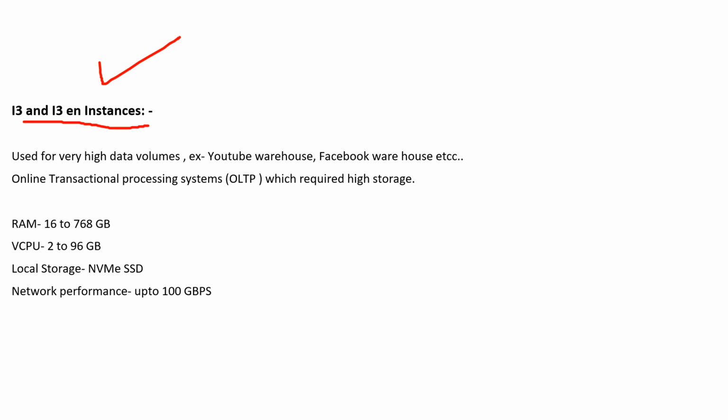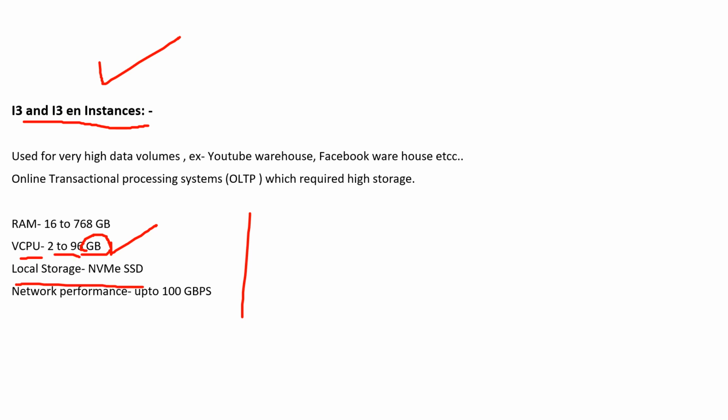What are the configurations? RAM is between 16 GB to 768 GB. Virtual CPU is available between 2 to 96. Guys, here I made a small mistake, the GB should not come here. So virtual CPU would be 2 to 96 in number.